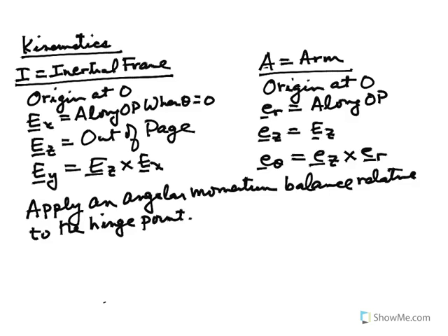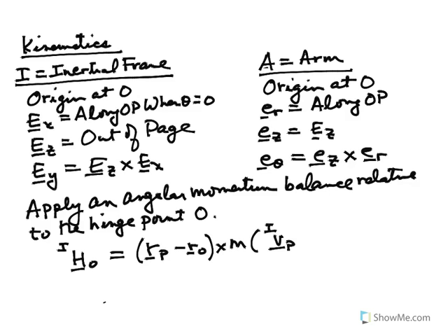So how does that work? The hinge point is actually point O in this case, which means that we need to compute the angular momentum relative to point O in the inertial frame. Well, that's equal to Rp minus Ro crossed with the mass of the particle times Vp in I minus Vo in I. So we're going to need to compute the position of P and the velocity of P.